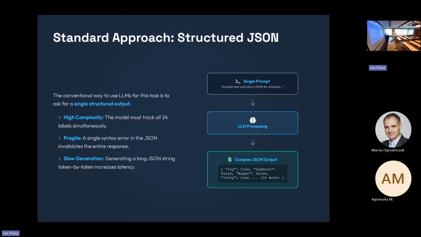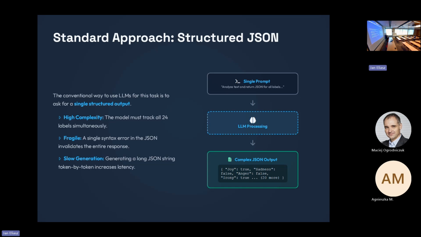And the generation is slow, because the model needs to generate all this valid JSON format, and it's just expensive for such a model.